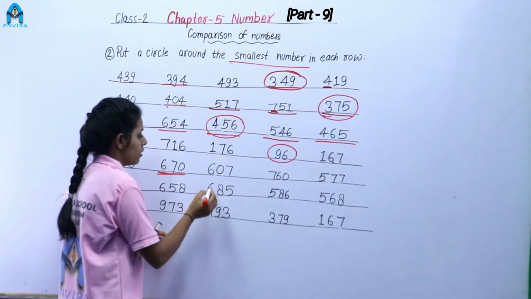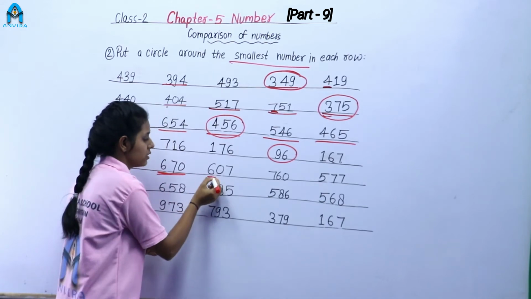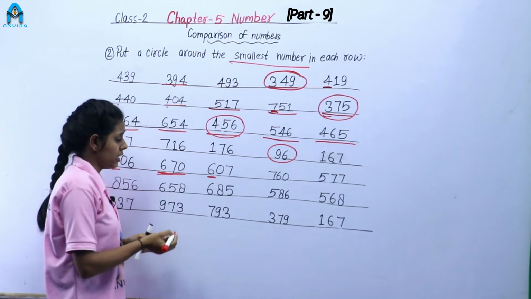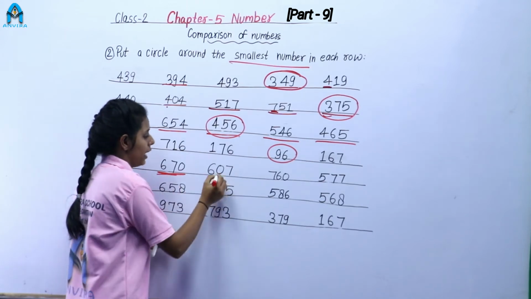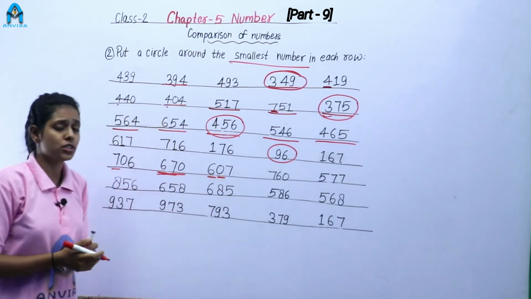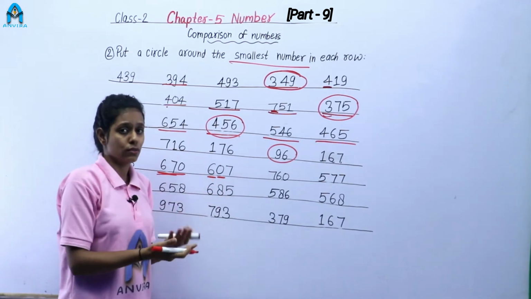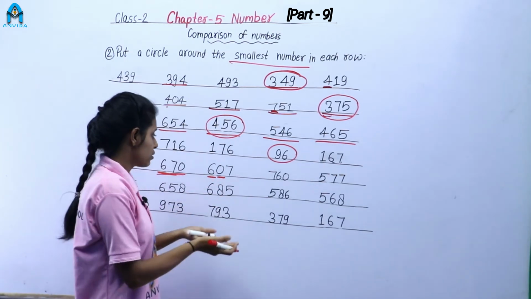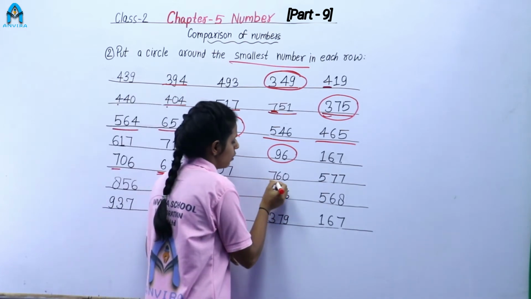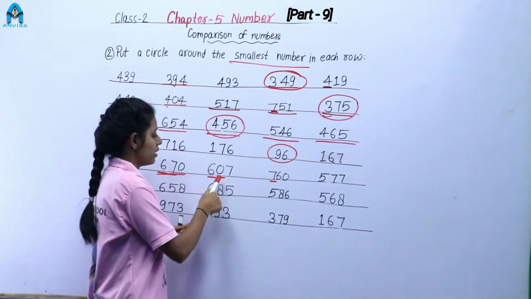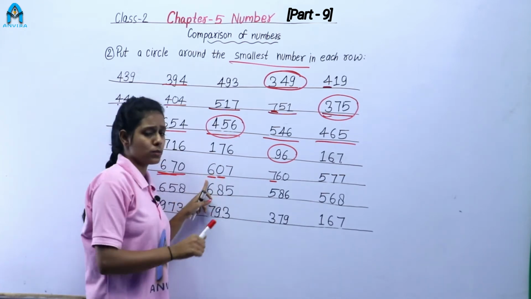Next, on the hundreds place, this is only 6 and on the tens place, this is 7 and this is 0. So which is smallest? Yes, 607 is also smallest. Let's go to the next. On the hundreds place, this is 7. Now, this is also smallest.